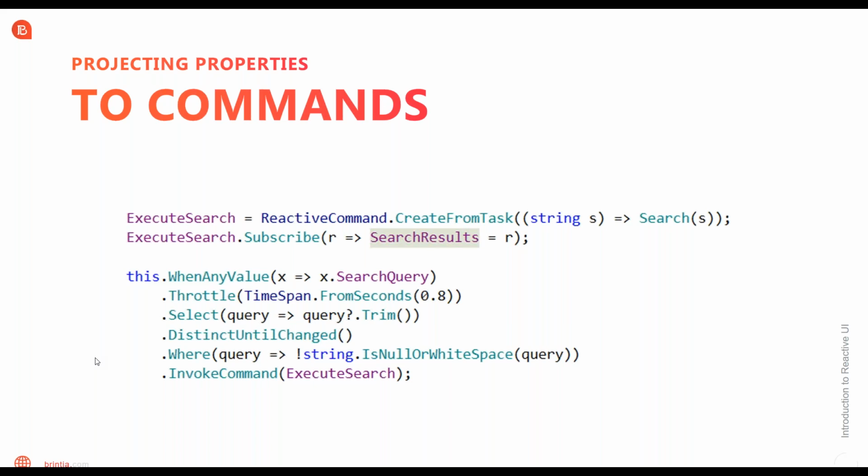And in the second line, you notice that we are using the subscribe method, and we are just only getting the results and setting the search results property to the element that we received through the command.